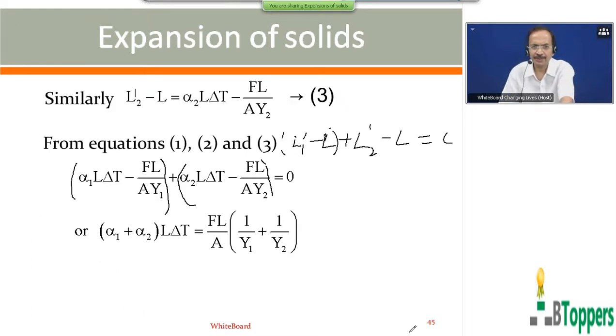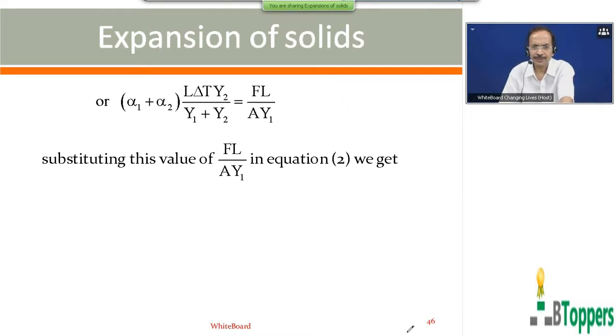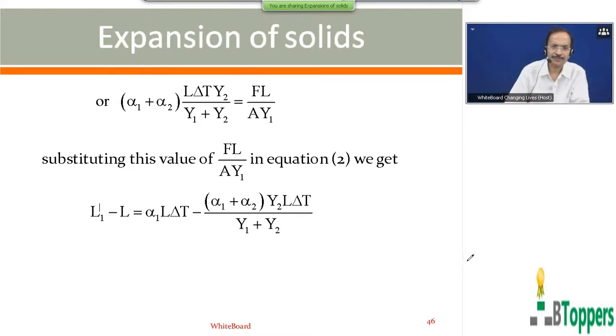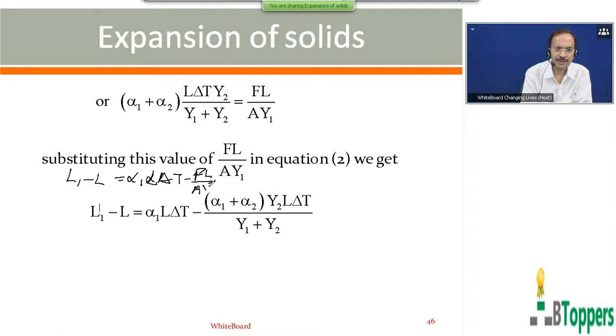So we will substitute that value here. That means, as I discussed previously, L1 minus L equal to alpha 1 L delta T minus FL by A Y1. That I am substituting here; FL by A Y1, you can substitute this value.